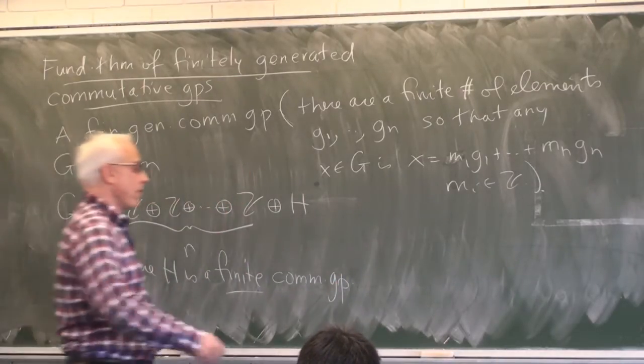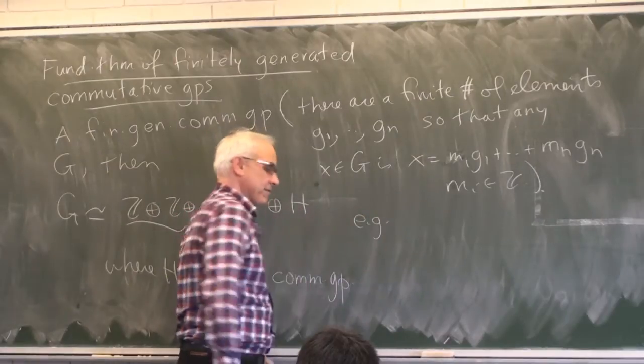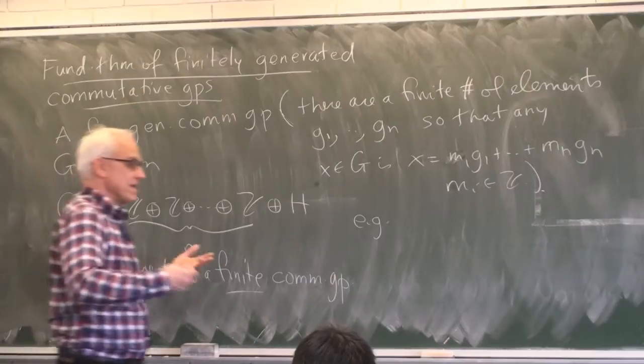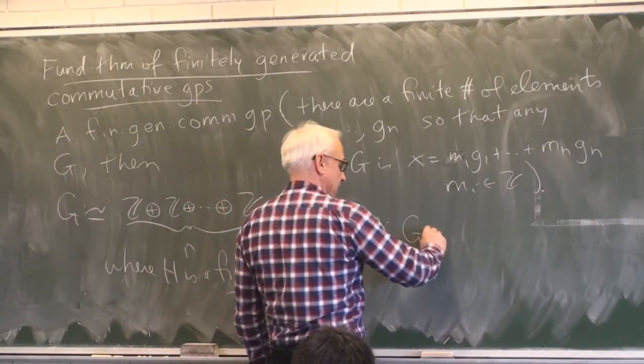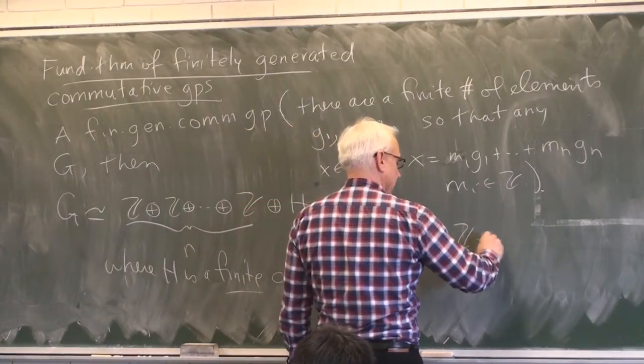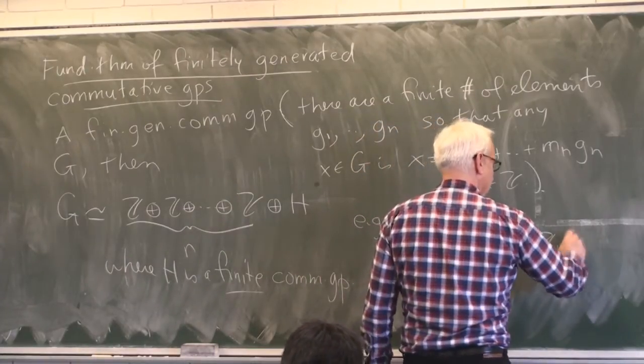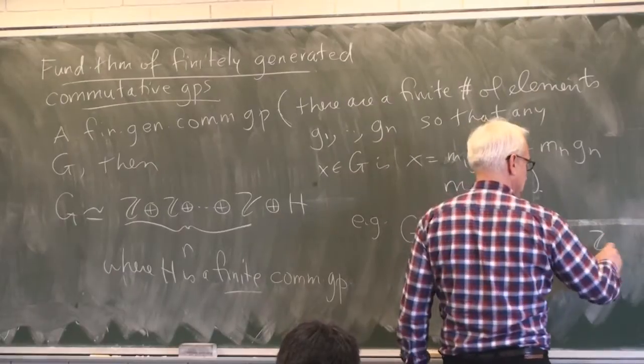So for example, a typical finitely generated commutative group is isomorphic to perhaps something like Z plus Z plus Z4 plus Z8.